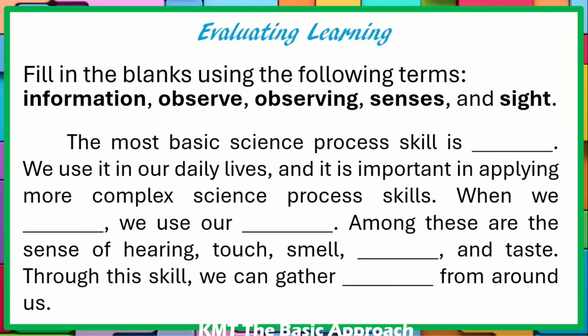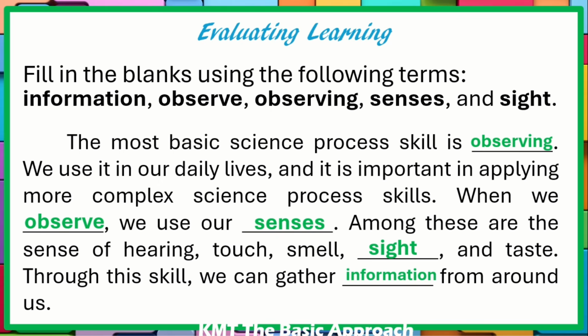The most basic science process skill is observing. We use it in our daily lives and it is important in applying more complex science process skills. When we observe, we use our senses. Among these are the sense of hearing, touch, smell, sight, and taste. Through this skill, we can gather information from around us.